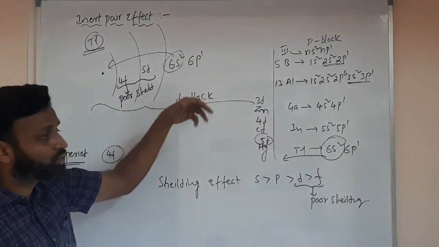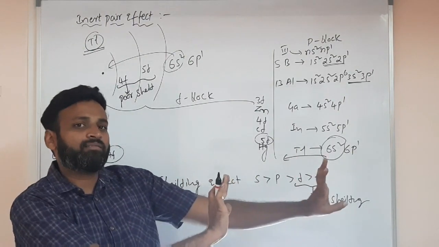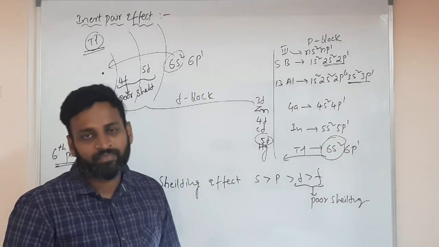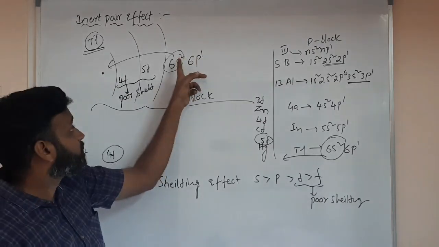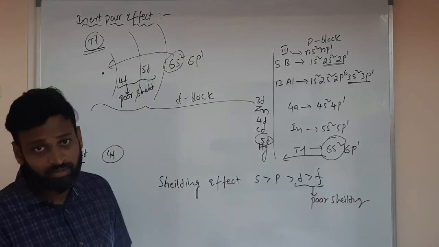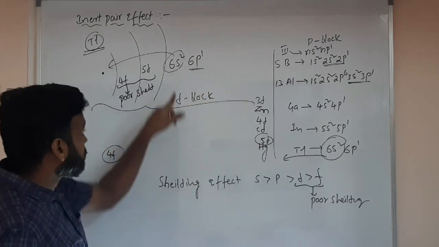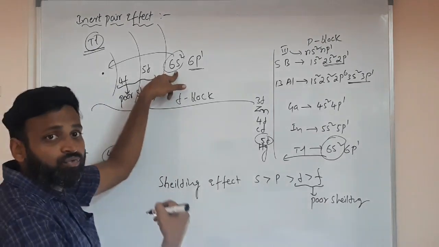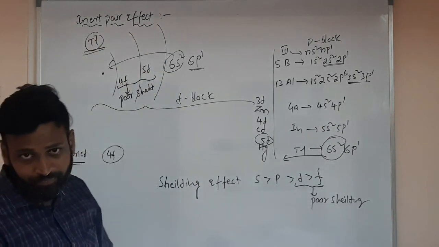Why are they showing some inertness? Inertness means they are saying, I'm not interested. Why? This pair is attracted towards the nucleus. So how many electrons are involved in bonding? Just one electron. So the pair of electrons is showing some dislike to form a chemical bond. That is called inert pair effect.